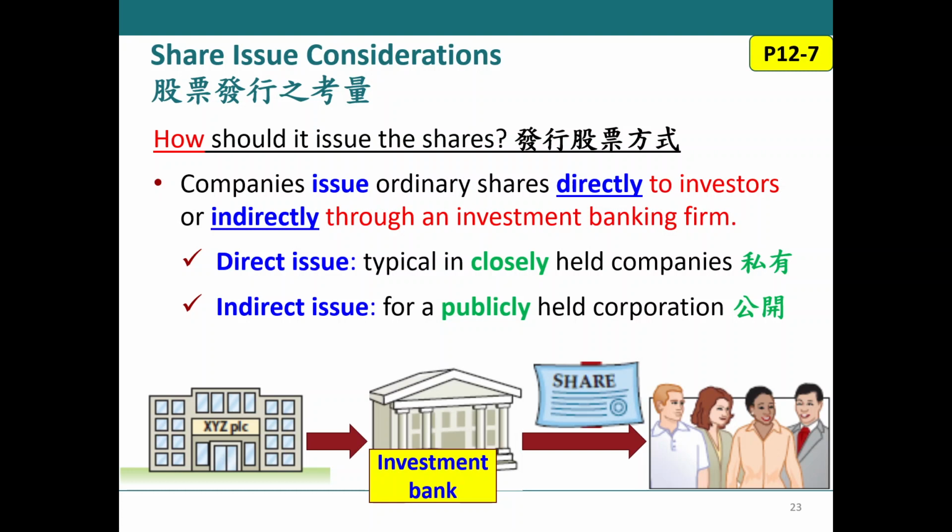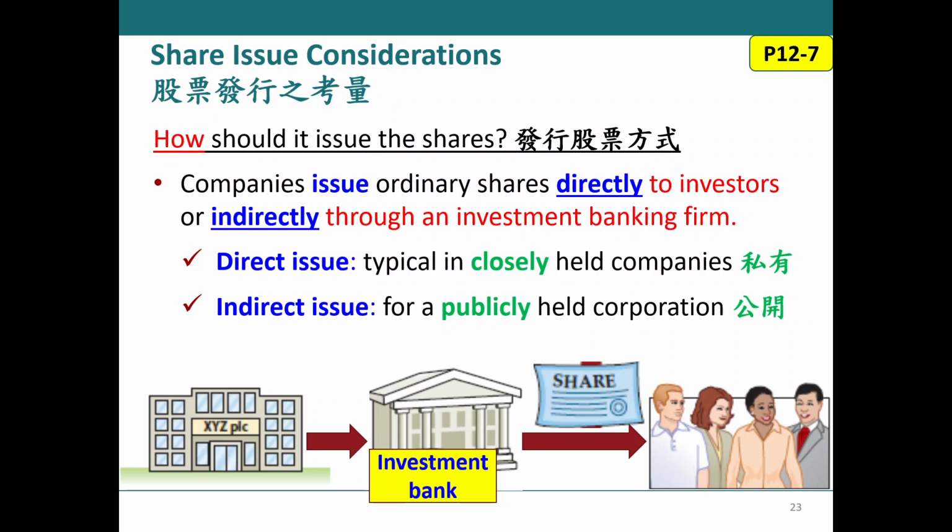Okay, so that's the second way, indirect way. Usually public companies, 公开发行上市柜公司, will use the second way. So for a public company, like Apple, like 台积电, you won't talk to investors directly. You will tell the bank, ask the bank to help you get the money from investors.